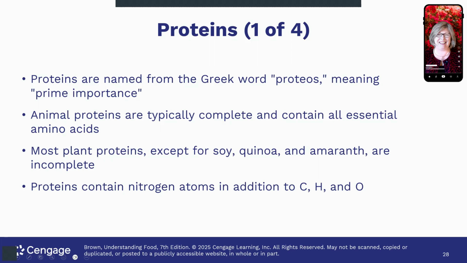Quinoa, which is a grain that also is considered to be a complete protein, and amaranth. Those are the ones that are the exception from the rule. Proteins contain nitrogen atoms in addition to carbon, hydrogen, and oxygen, which is what differentiates them to be protein.